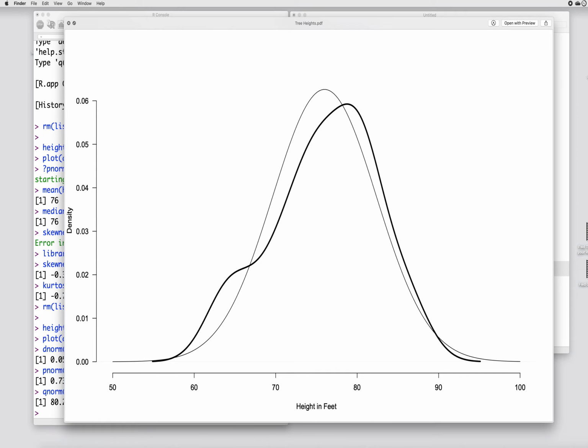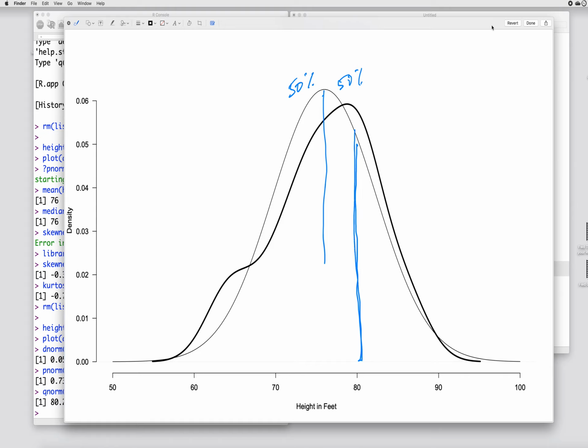So what we're doing here is kind of the opposite of what we were doing with the pnorm function. We're supplying first the probability. So 50% is right here where the mean is, right? 50% is less than the mean and 50% is above the mean. But we're saying I'm supplying 75% and it returned back the value of 80.